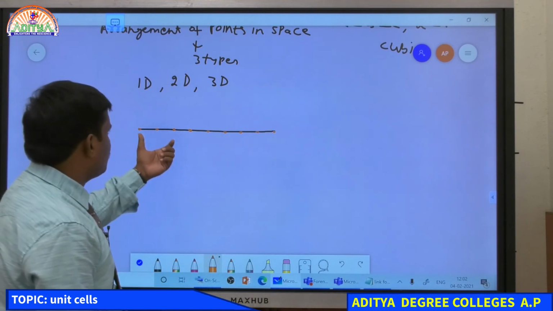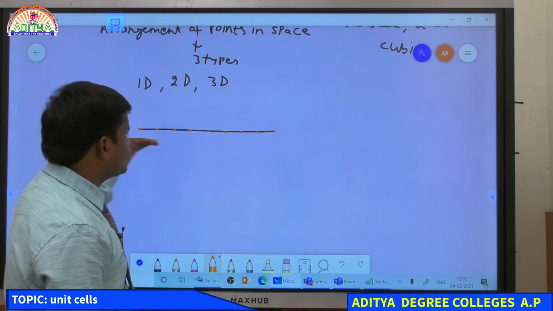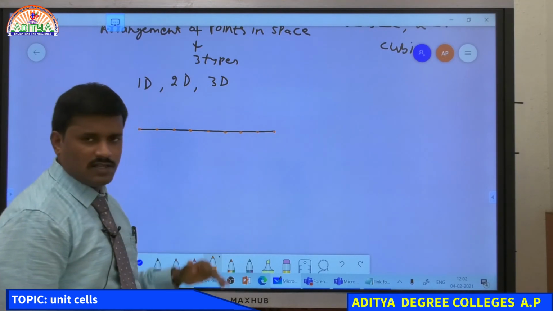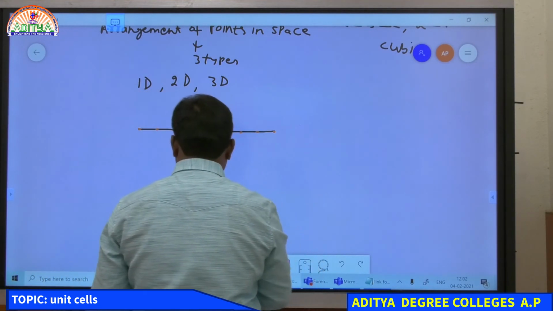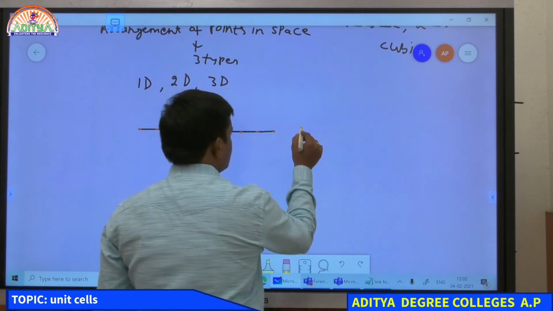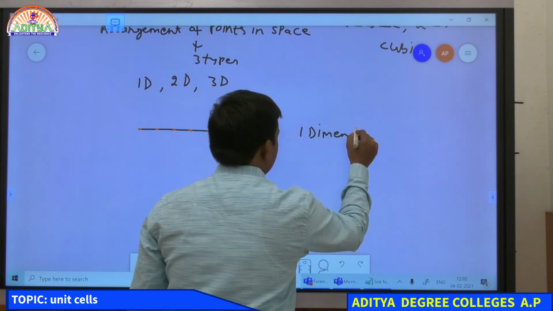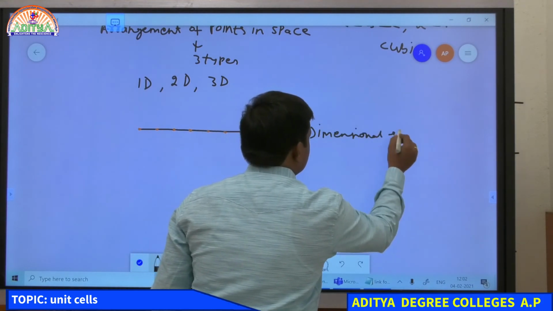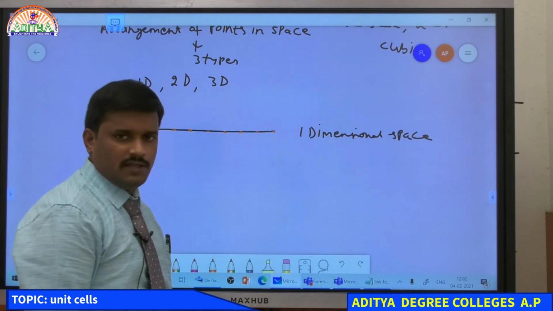So the points are arranged in 1-dimensional space, along only one direction, so it is a 1-dimensional space lattice.